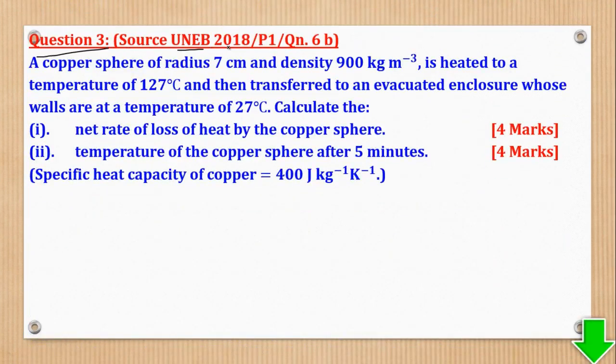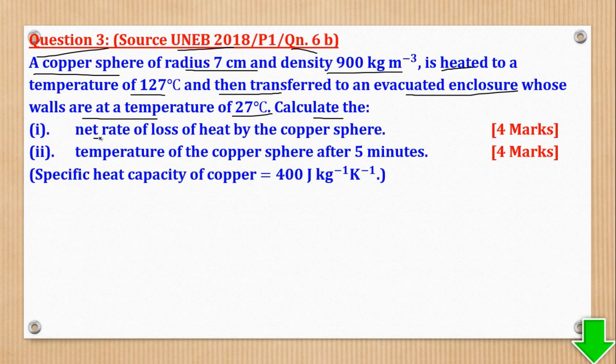Question 3 came from UNEB 2018, paper 1, question 6B, and it says, a copper sphere of radius 7 centimeters and density 900 kg per meter cubed is heated to a temperature of 127 degrees Celsius and then transferred to an evacuated enclosure whose walls are at a temperature of 27 degrees Celsius.